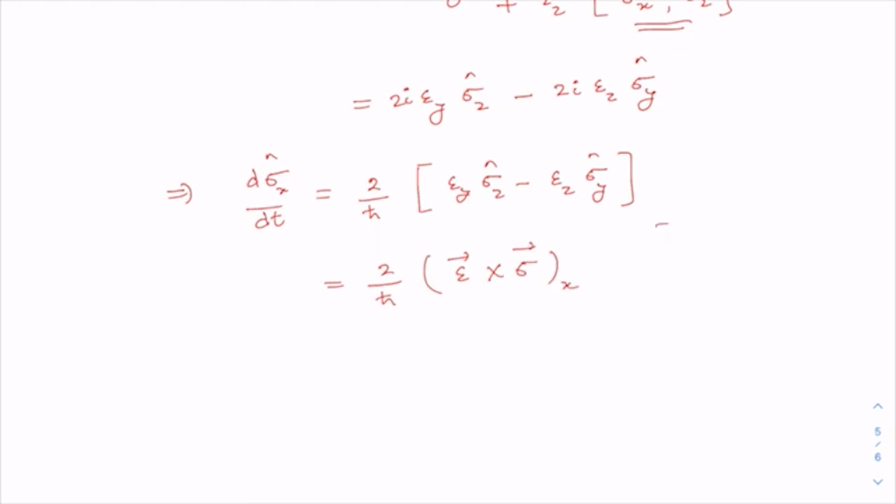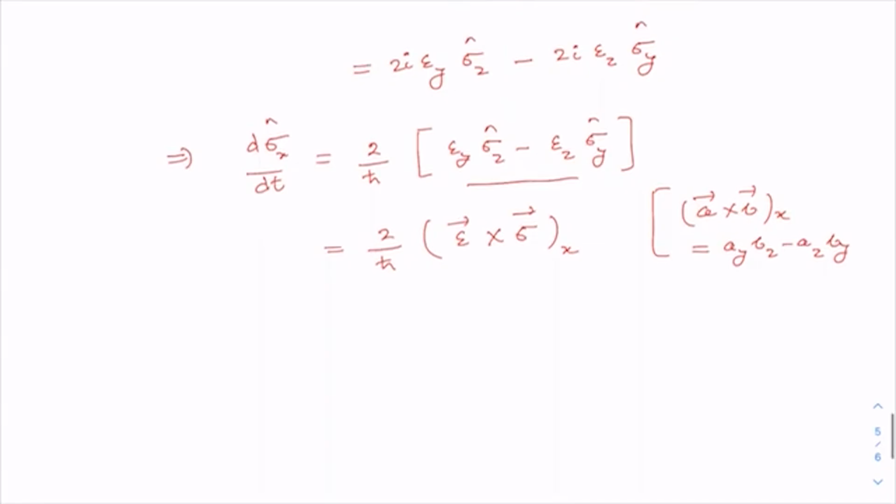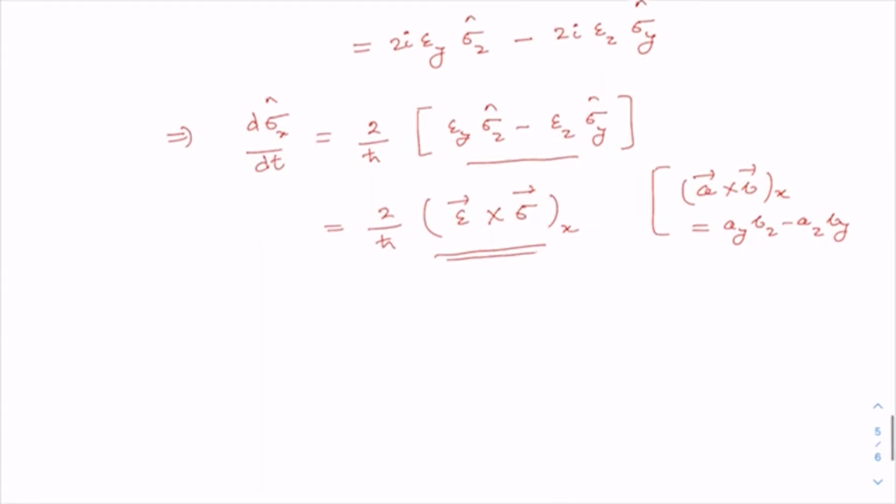If you recall that a cross b, if I take the x component of it, then I have a y b z minus a z b y. So similarly you can see that this is nothing but the x component of this cross product, epsilon cross sigma.